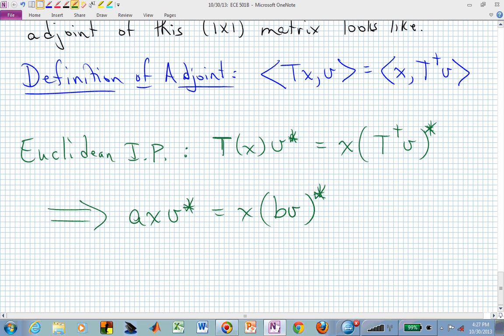This B is an unknown scalar, or a yet to be determined scalar. We haven't yet determined what that is, but now we know really what that's going to be. We can now say that if B is a scalar, X is a scalar, V is a scalar, we can apply the conjugate to those scalars, and we have X, B conjugate, V conjugate.